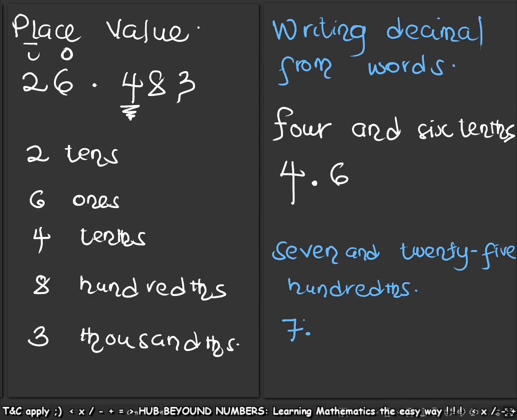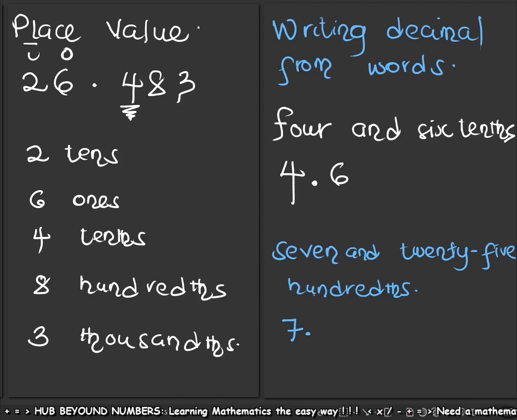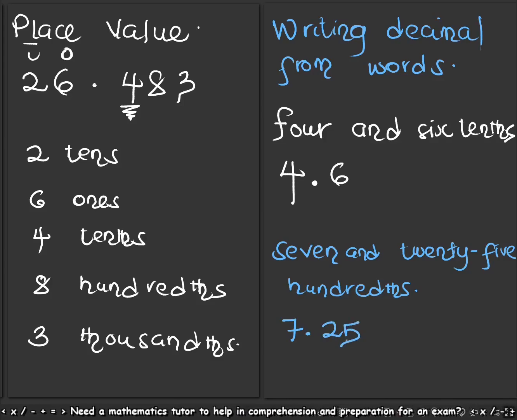And how many of the fraction parts do you have? 25 hundredths. The hundredth here is telling us that you have 2 digits at the decimal place. The fraction aspect is the digits that come after the decimal point. So that is 25 hundredths.